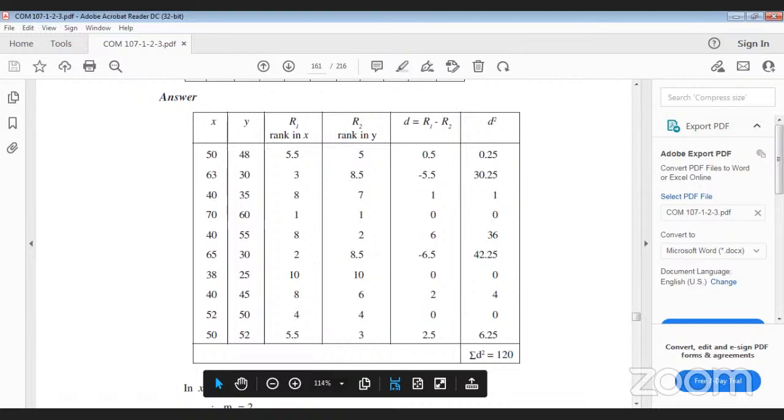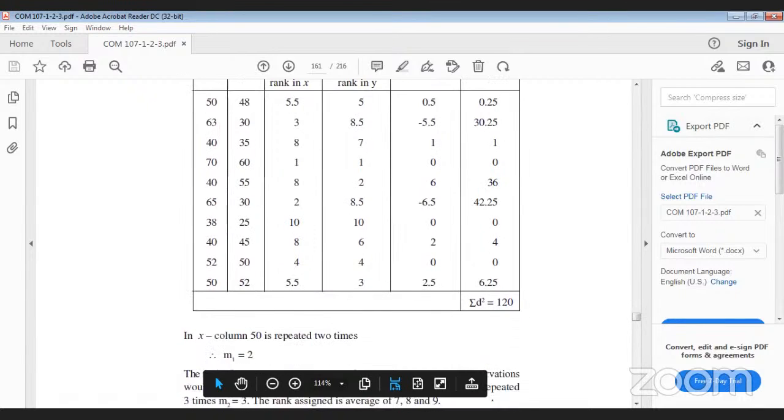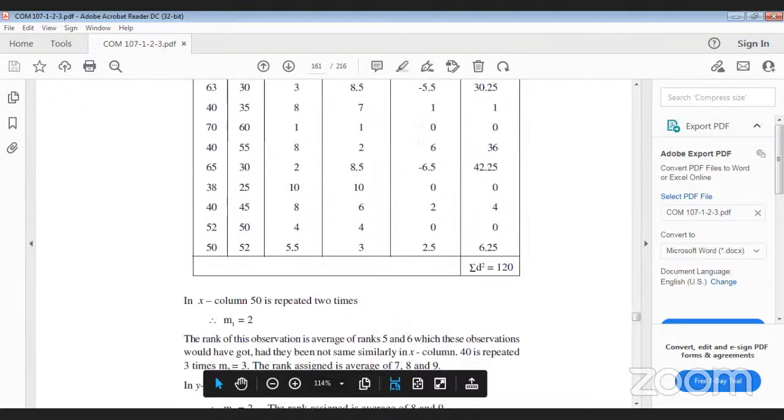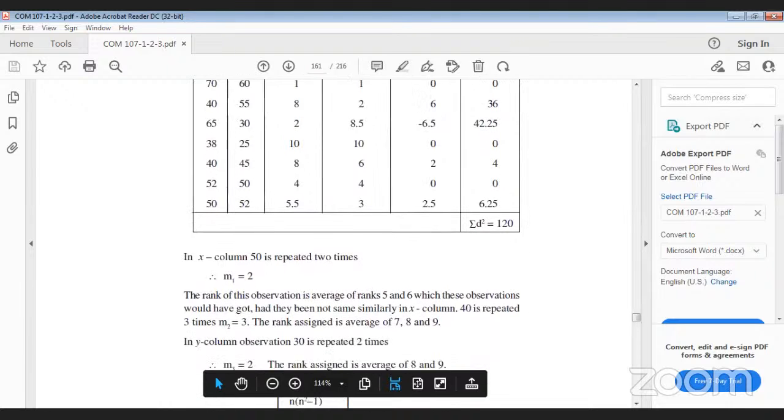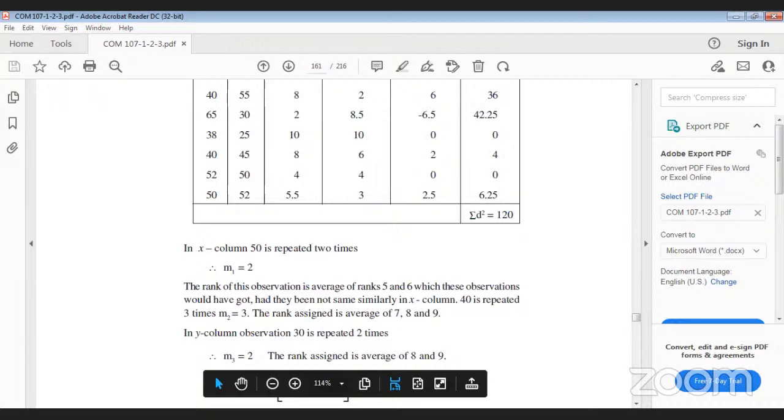Now we have to use this formula here. In the X column, 50 is repeated 2 times, so m1 is 2; the rank of these observations is the average of ranks 5 and 6, which these observations would have got had they not been tied.